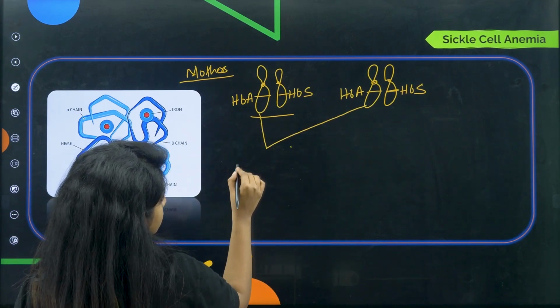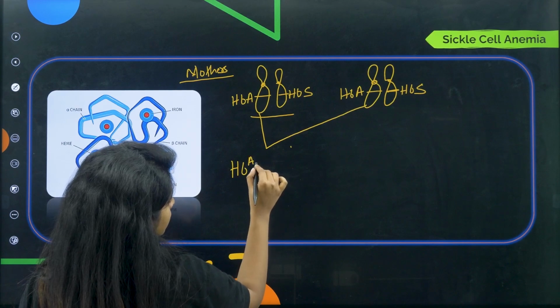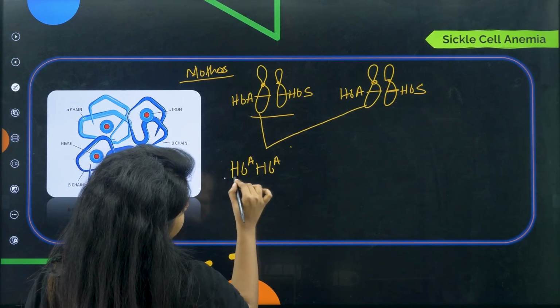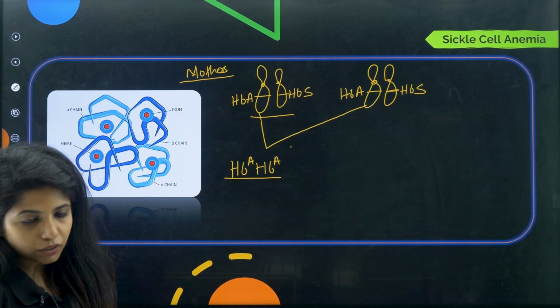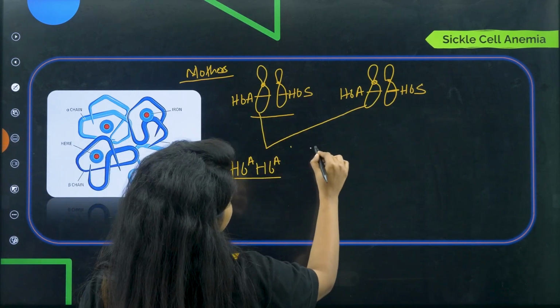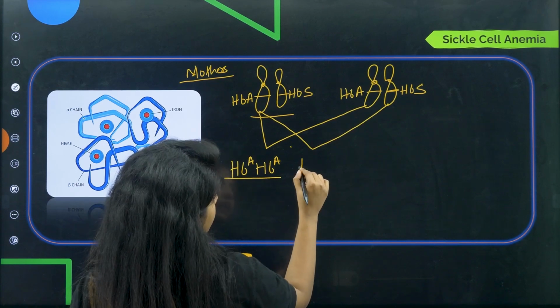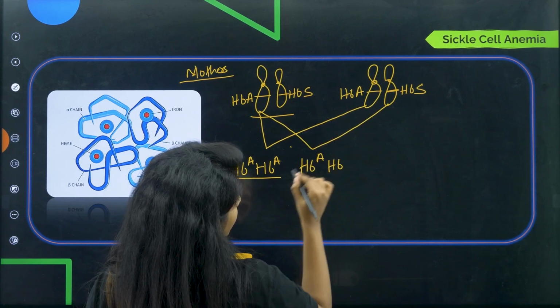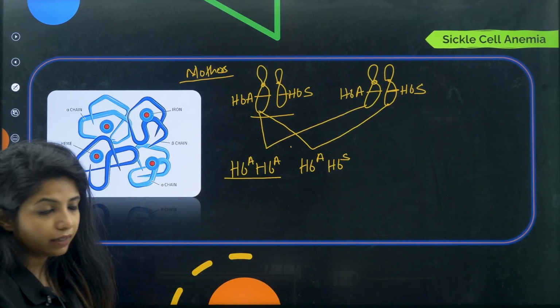I get HBA and HBA again. This is normal. There is no sickle cell anemia shown. Now if I fuse this with this, what do I get? I get HBA and HBS. Fine.